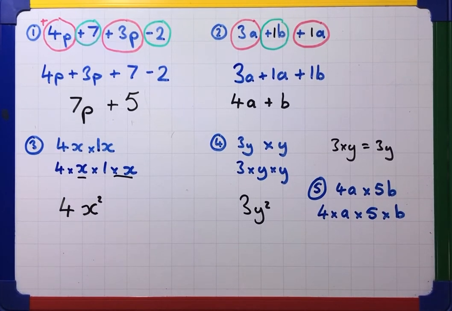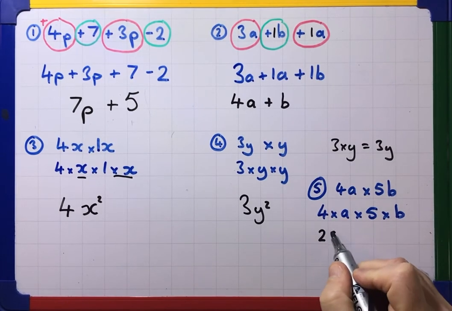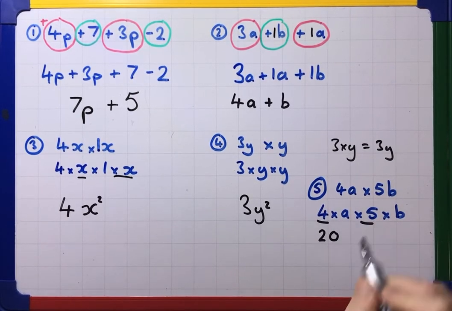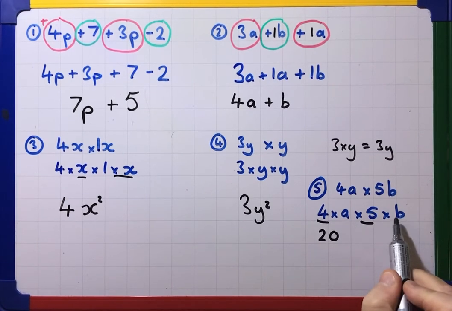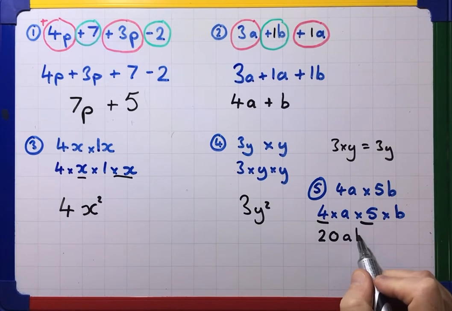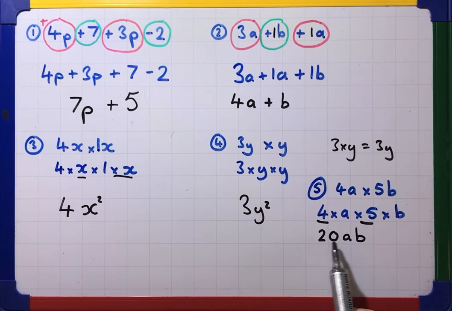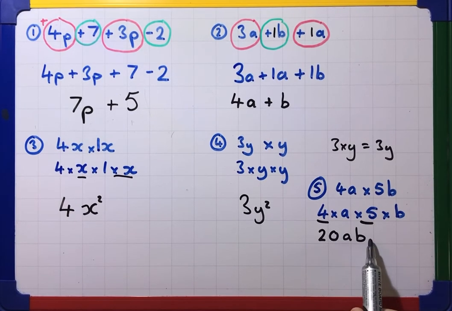Now we could combine here the 4 times 5, because it just gives us 20. But here, A times B we would just write as AB. There's no A times A or B times B, so there's no squareds involved in this. That would just give us 20AB.